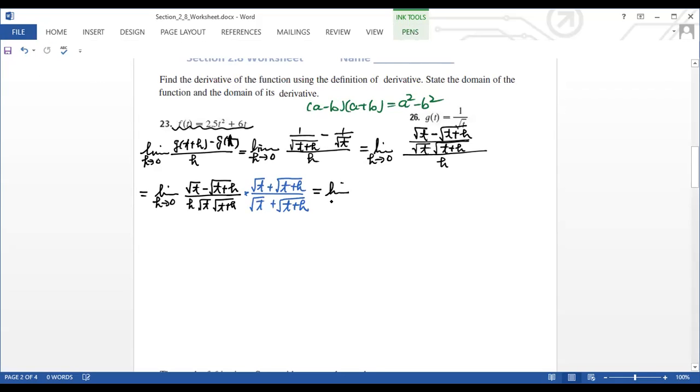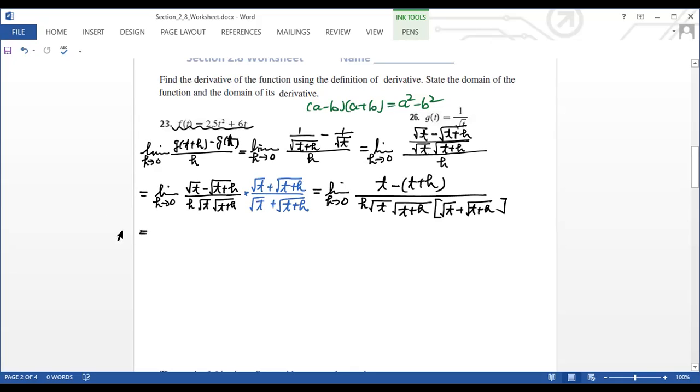Okay, so this is the limit as h approaches 0. So your denominator will be pretty big. So this is the h, and this is square root of t, square root of t plus h. Then this will be the square root of t plus the square root of t plus h. Then the top will be a squared minus b squared, so it will be t minus (t plus h).